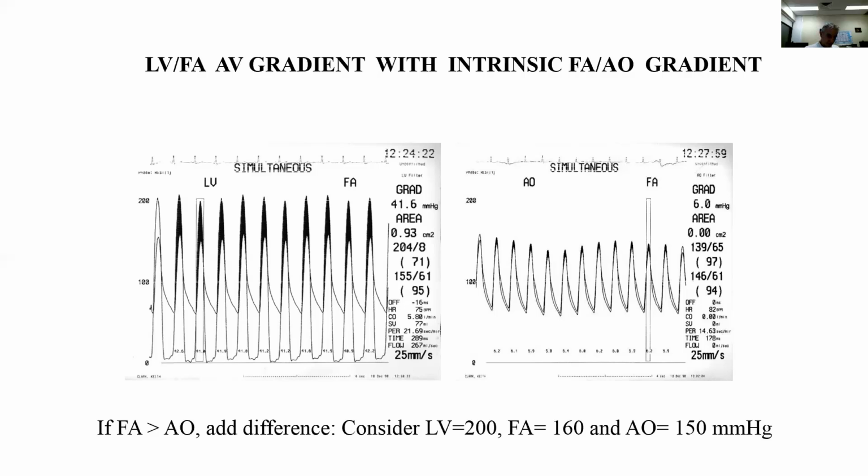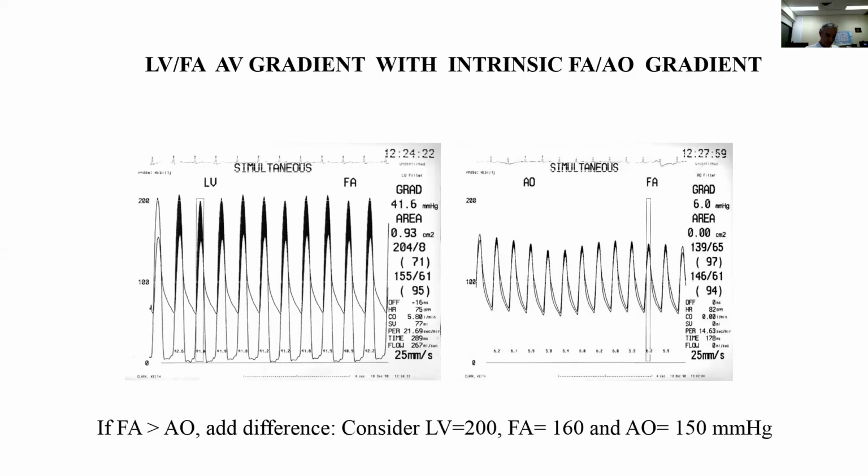In this case, it doesn't matter which, but let's assume the higher pressure is the femoral artery. If the femoral artery is greater than the aorta, then you're not measuring the true difference across the aortic valve. If we assume, say, the ventricle is 200 and the femoral artery in this case is 160 and the aorta is 150, then the true gradient is between the ventricle and the aorta, which is 50 millimeters mercury.